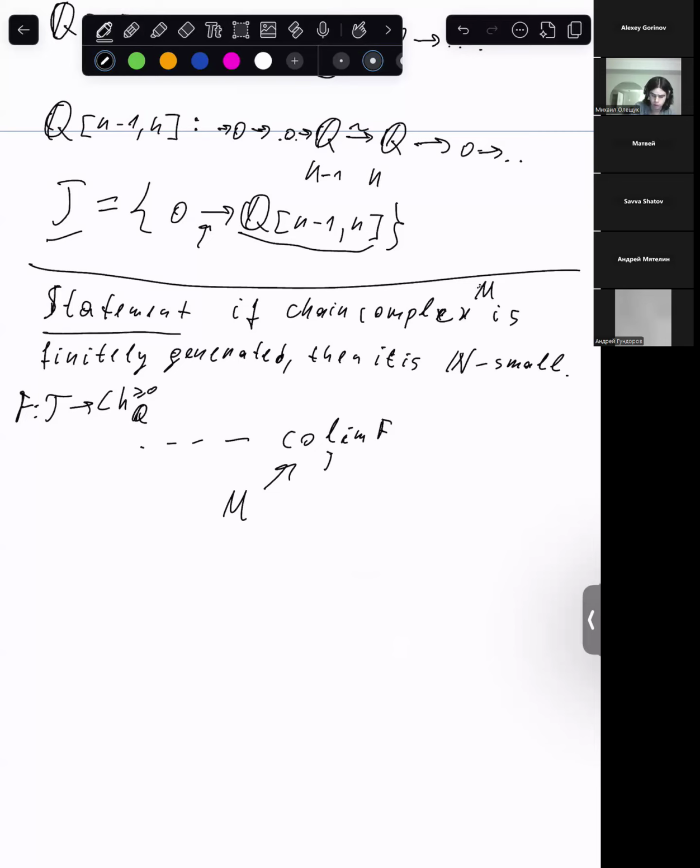We just can lift the images of the generators. We lift each generator at some floor of this diagram, and at the highest floor we have lifted all the generators, so we lifted the morphism from M to the colimit.